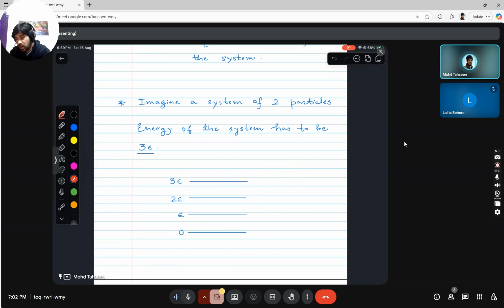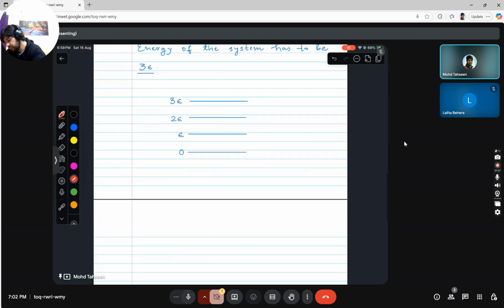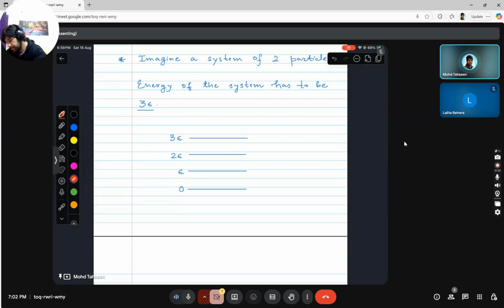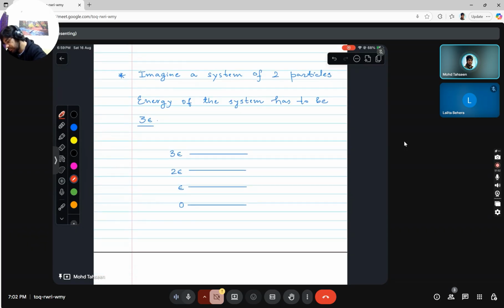The question is, how do we do it, and what are the total number of possibilities in which we can construct the system? If we put one particle here and one particle here, this is one obvious choice, because the energy corresponding to this particle is 0, and the energy corresponding to this particle is 3 times epsilon.